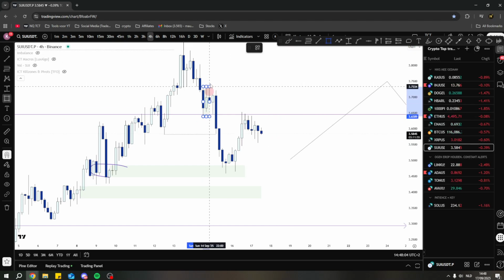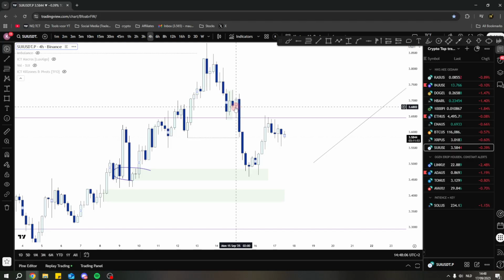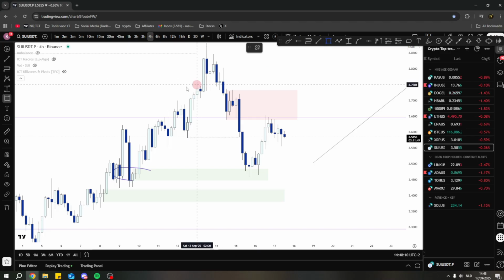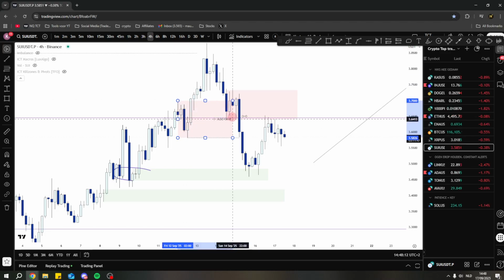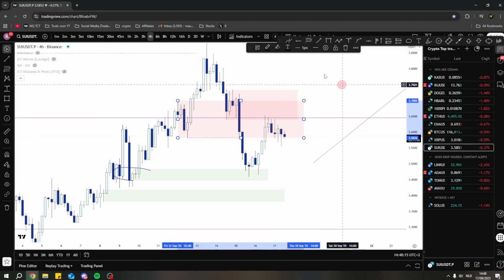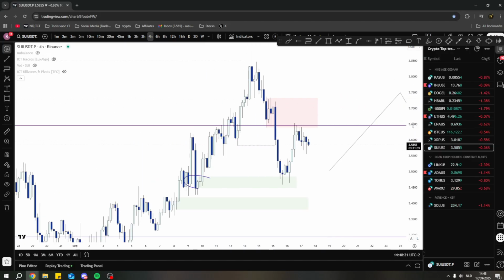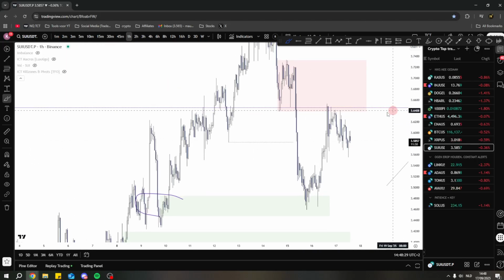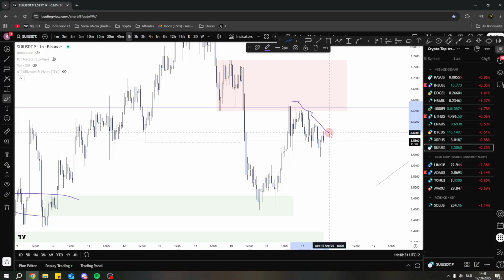So this would be your supply as well. You can also call this your breaker, but I'm not gonna draw it in because it's gonna make the chart a bit messy. So testing that, we can possibly look locally for some shorts here. Go 1 hour. Right now we're just building liquidity on the highs.